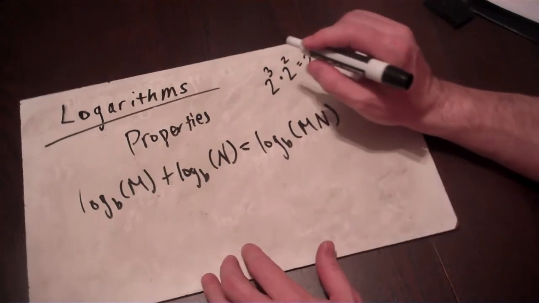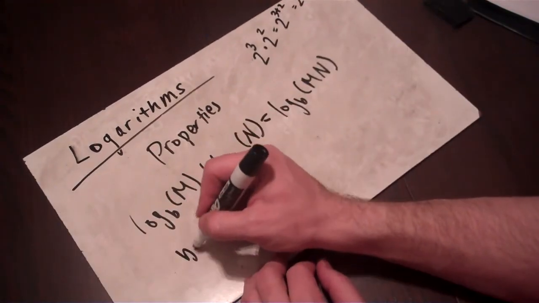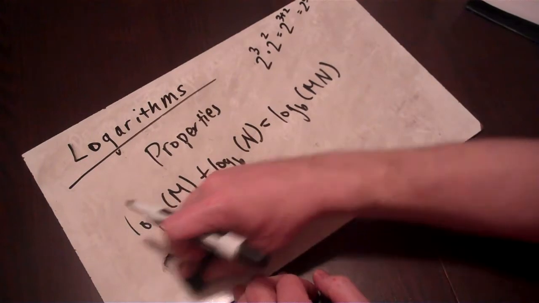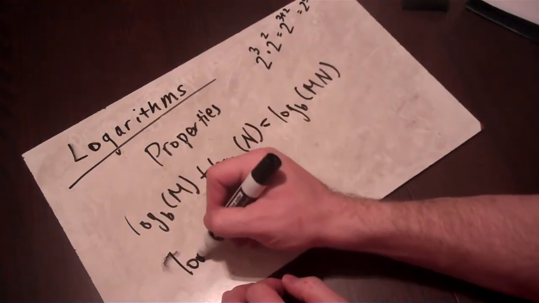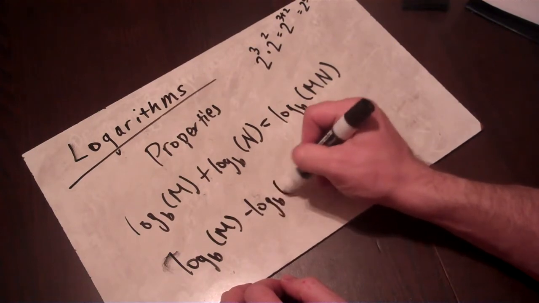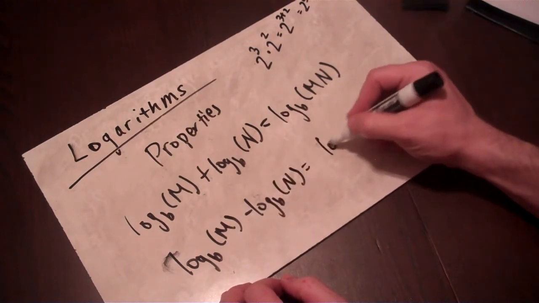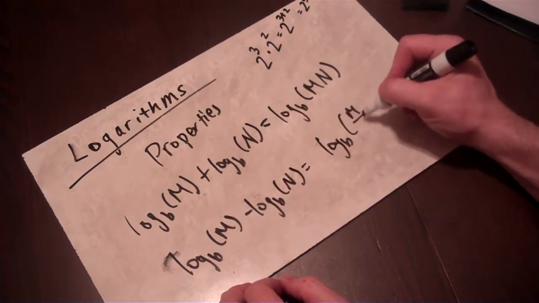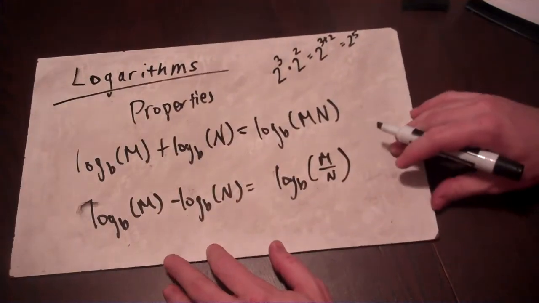Another property is that if you have the log of m minus log of n, it is equal to the log of m over n. So that's another one that you end up getting.